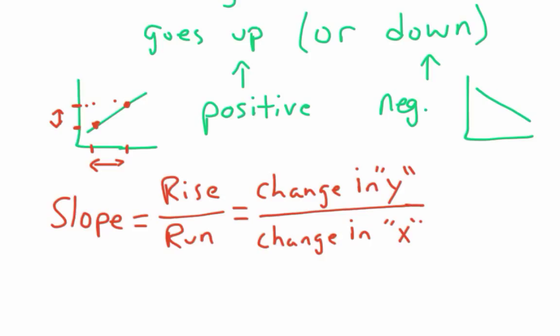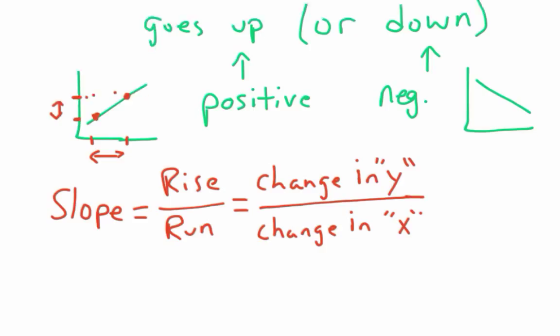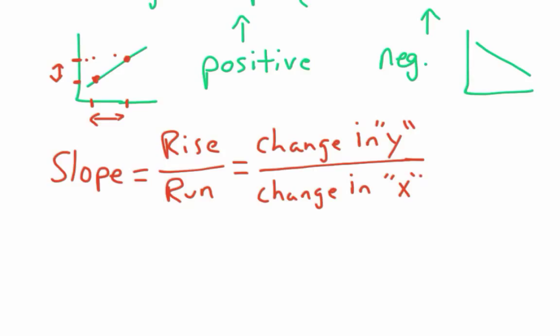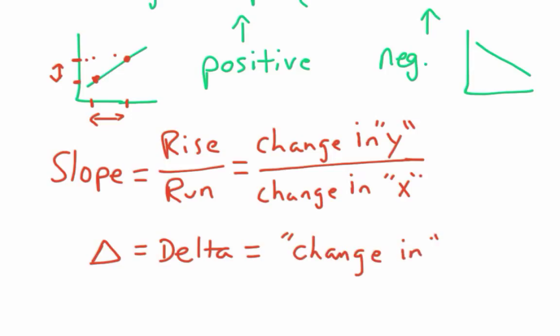And I want to throw one more new thing at you, and that's a Greek letter, it's just a triangle, that's the letter delta. Now I'll maybe write out the name. So as you hear me say delta, you know what I'm talking about. That Greek letter delta, the triangle, stands for change in. So if I were to talk about delta t, it's the change in t, the change in time.